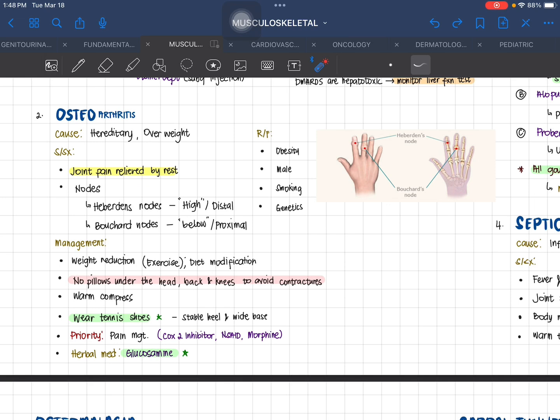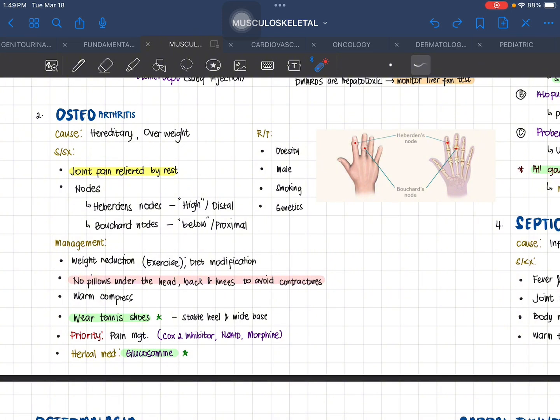Ang osteoarthritis is due to hereditary and overweight. So, ang risk factors niya, pag ikaw ay smoker, obese, male, common siya sa male, and then genetics.